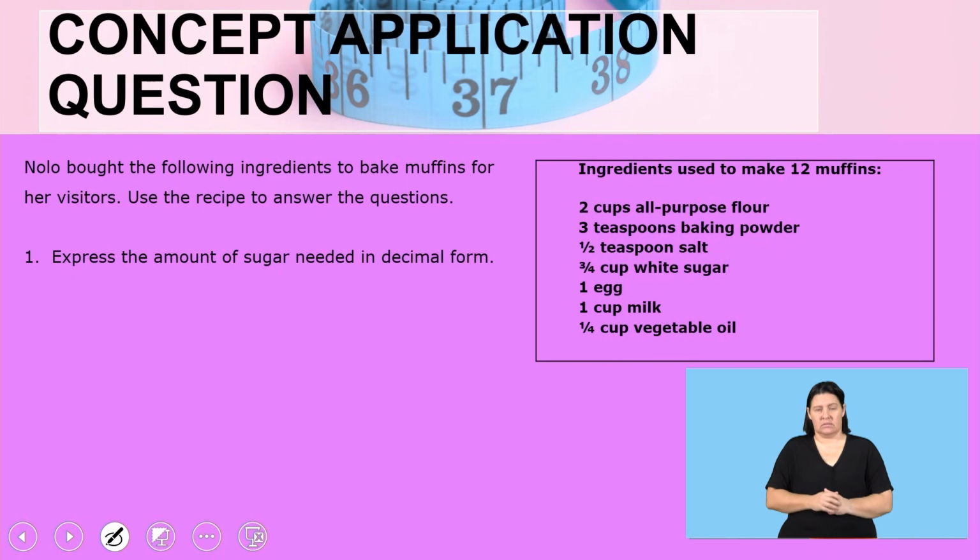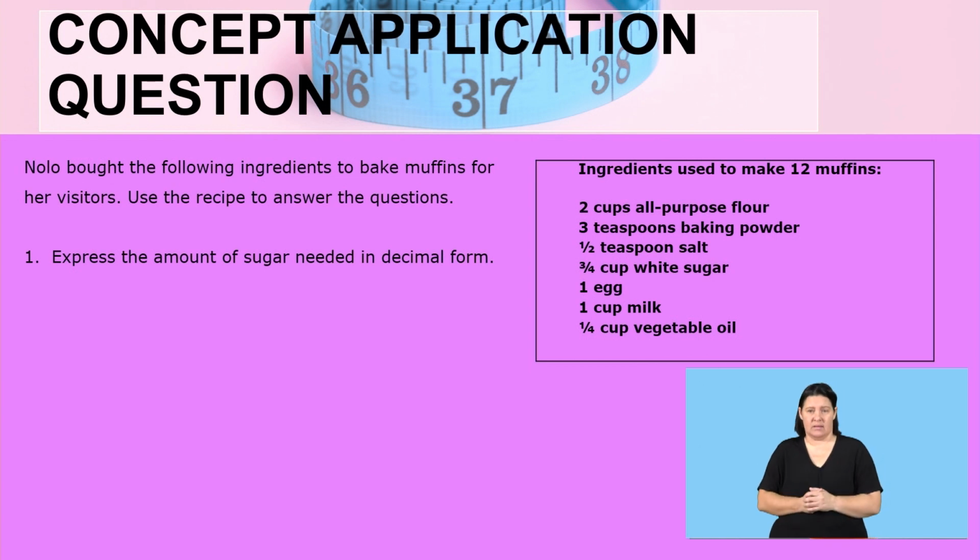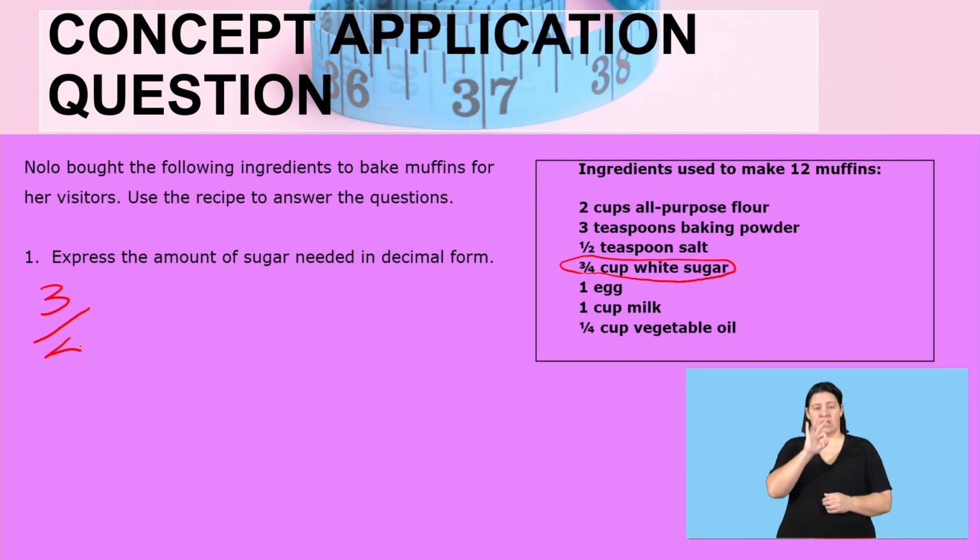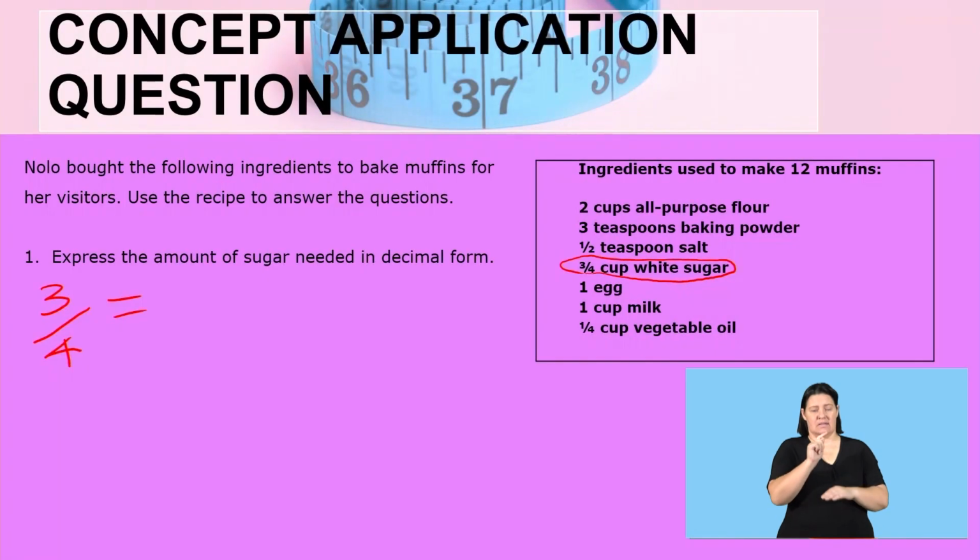The first question, express the amount of sugar needed in decimal form. So now you have to check the sugar on your recipe. The sugar which is given on the recipe is 3/4. So to express 3/4 as a decimal, you simply use your calculator. Let's press together: 3 divided by 4.